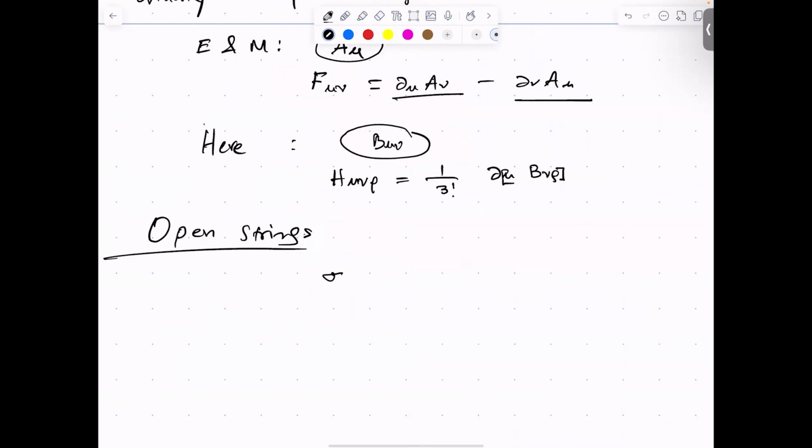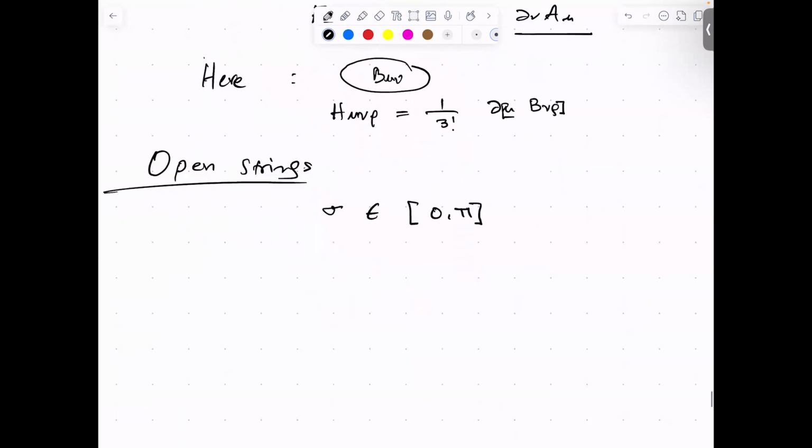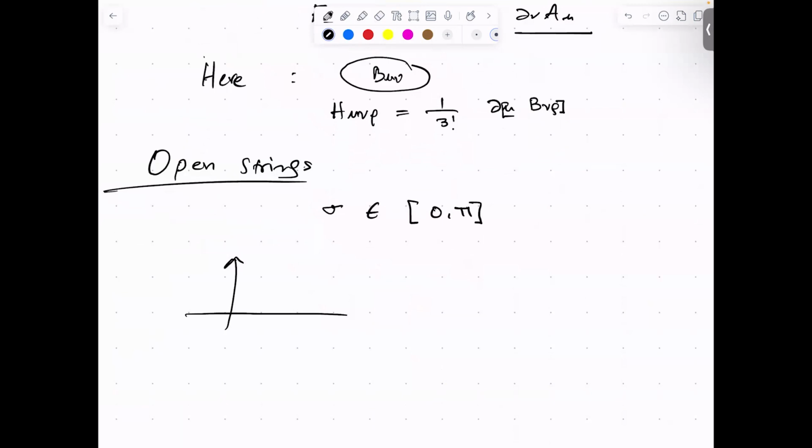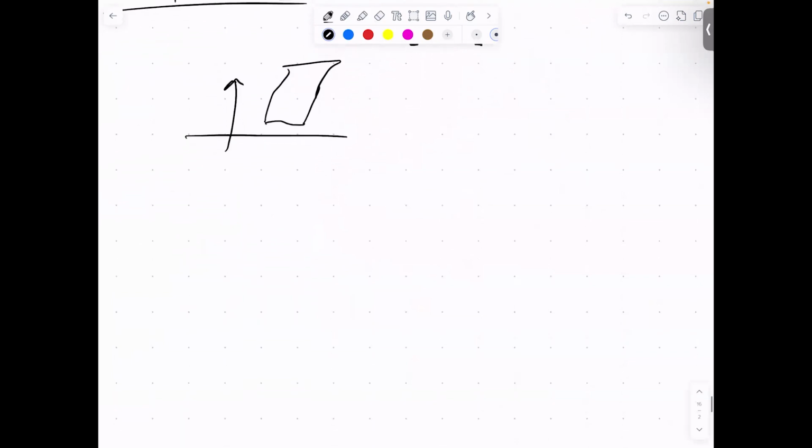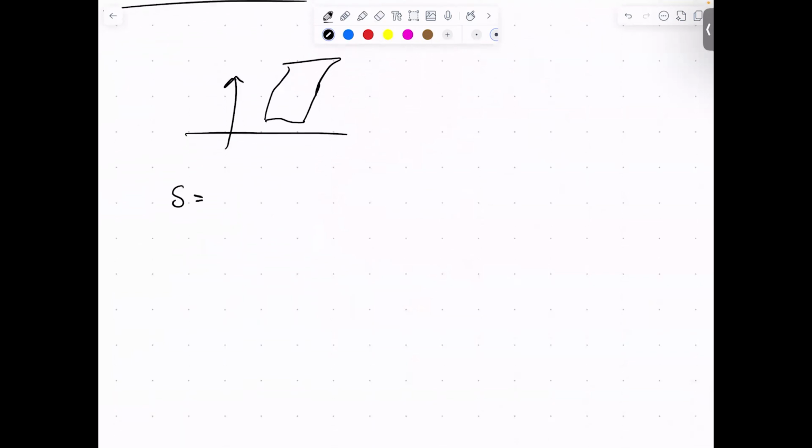Sigma is the coordinate on the string and tau is a time-like coordinate. Sigma from zero to pi, so this would give me my open string. Let's see what changes, because we now have to impose boundary conditions, because open strings have ends.